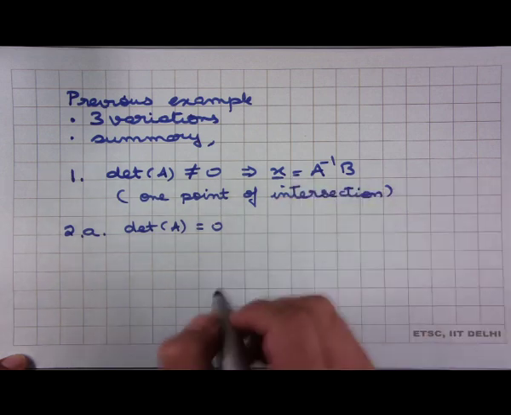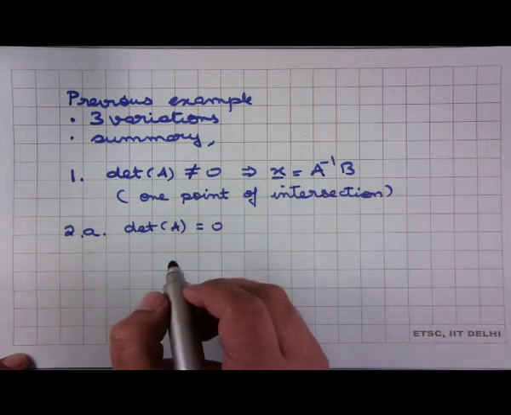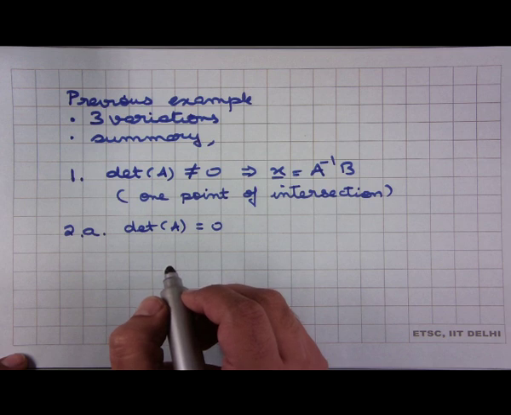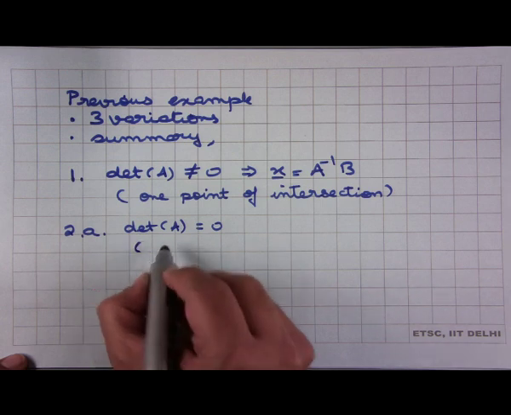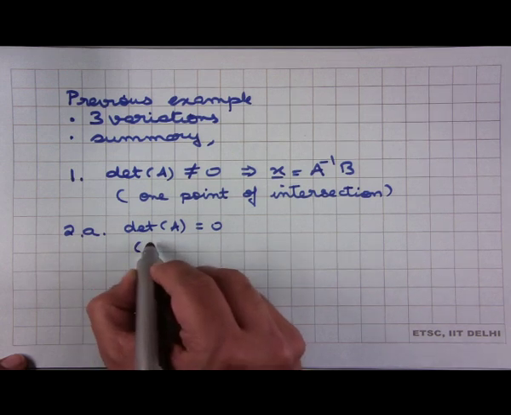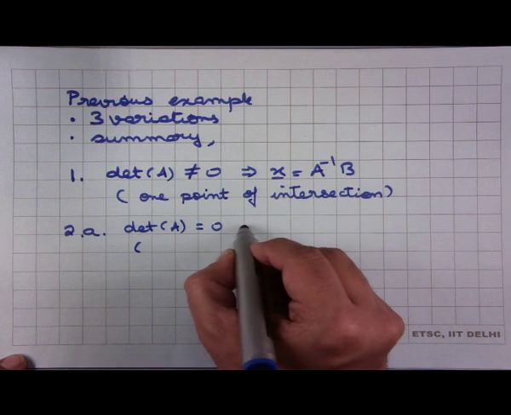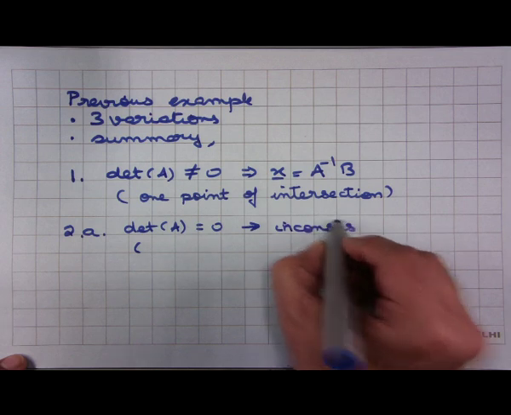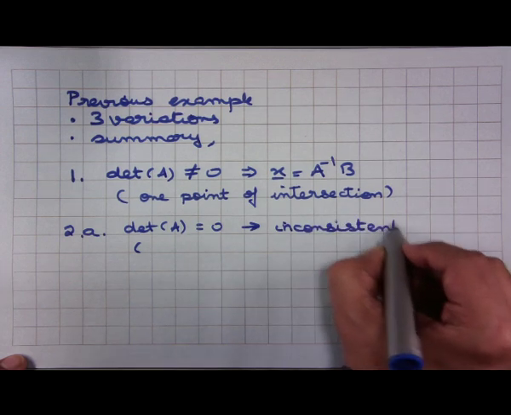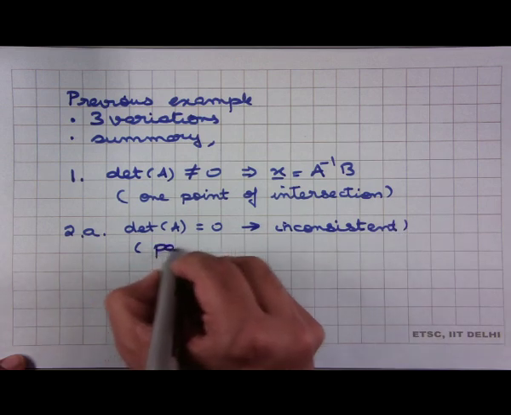So, we cannot come up with that, but what we found was that this was parallel lines. So, we had found that this was actually inconsistent, and geometrically this was parallel lines.